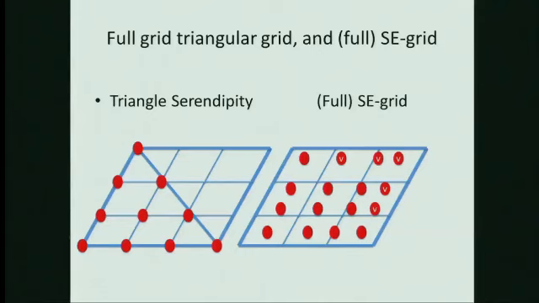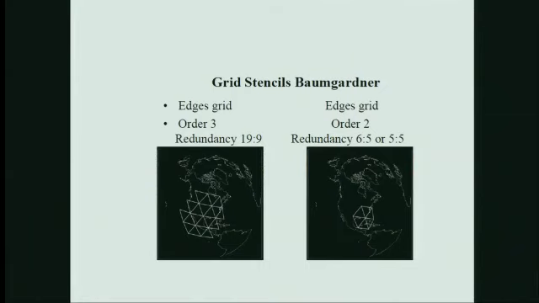Here it shows that if you have the triangular space, it is equivalent to a full grid in the rhomboidal space. And this is actually Baumgartner's stencil. So this is a method of Baumgartner which is used in DWD's global model, which is called GME.